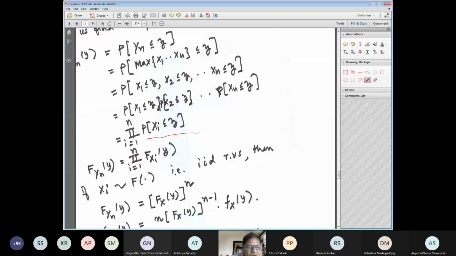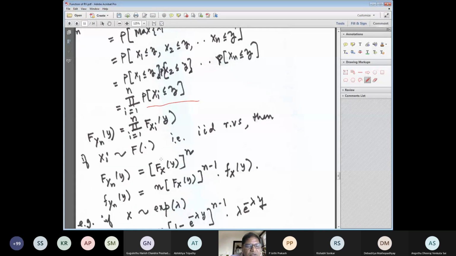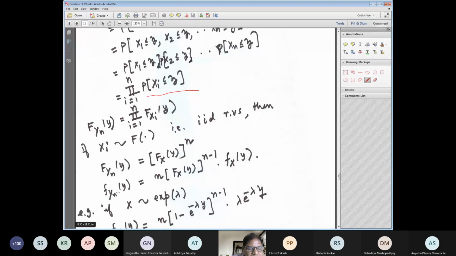So we can write it in the product form, and as I told you, if all of them have an identical distribution, then we can write F(x) to the power n, and if you differentiate this, you will get the PDF of Yn. Yn, the maximum of X1, X2, ..., Xn, has density n times F(y) to the power n minus 1 into the density function of x. With this variable you have to take care.